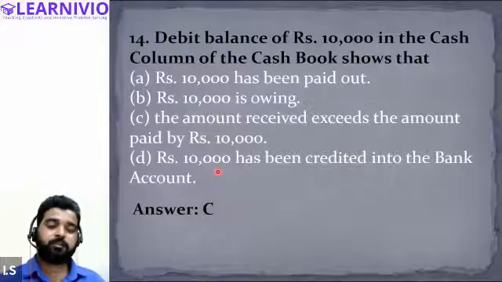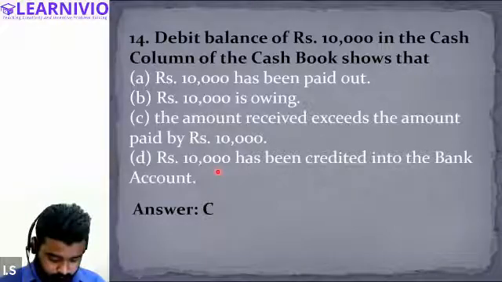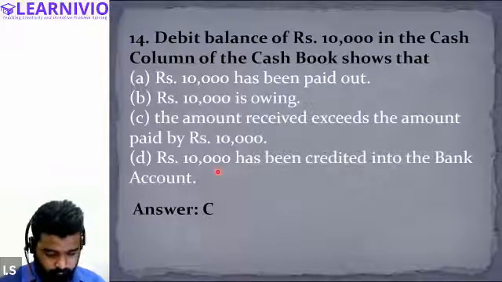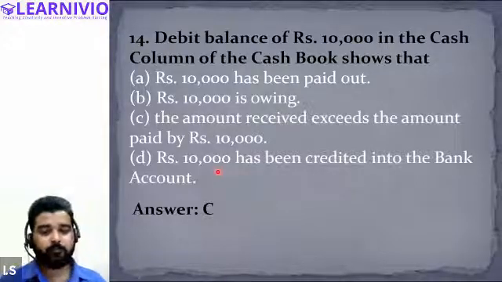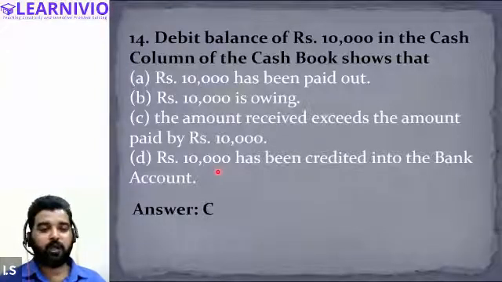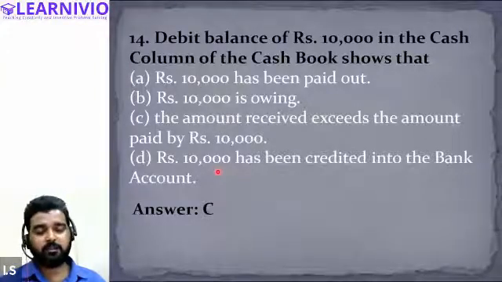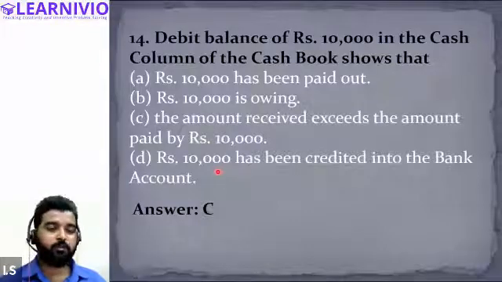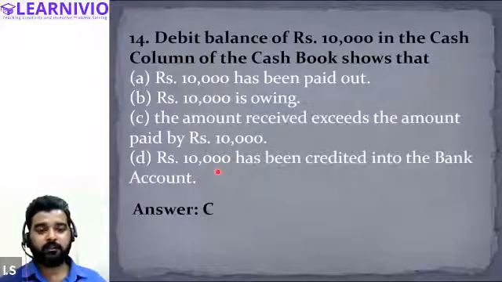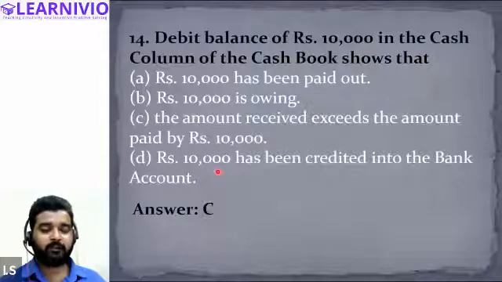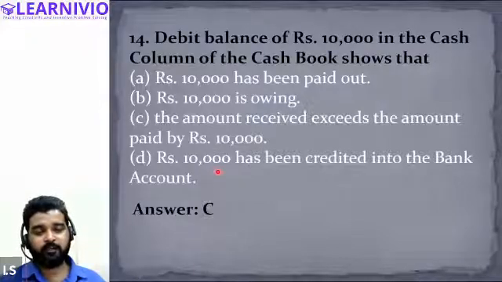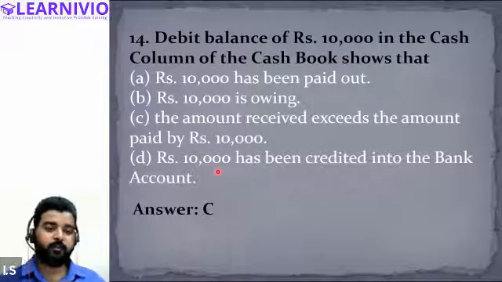Is it clear, Samiksha and Peer? Yes, but sir, how will it exceed the amount? Like it should be exceed, equal. See Samiksha, how we calculate the balance of cash account. We basically reduce the credit balances from the debit balances, right? Credit side from the debit side.